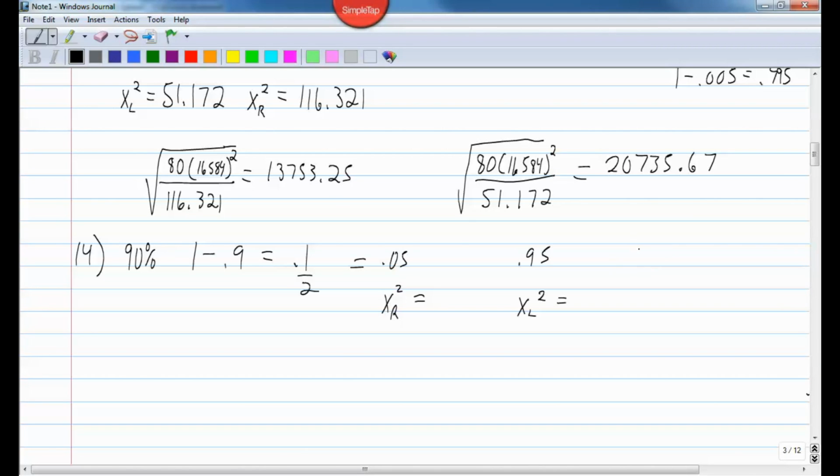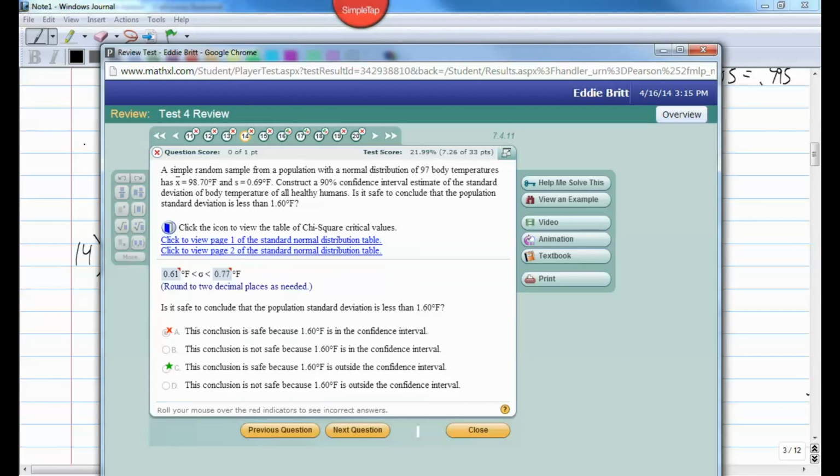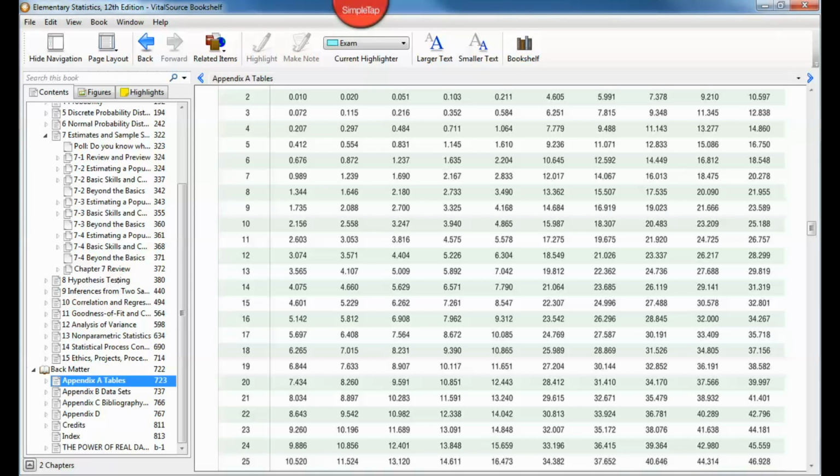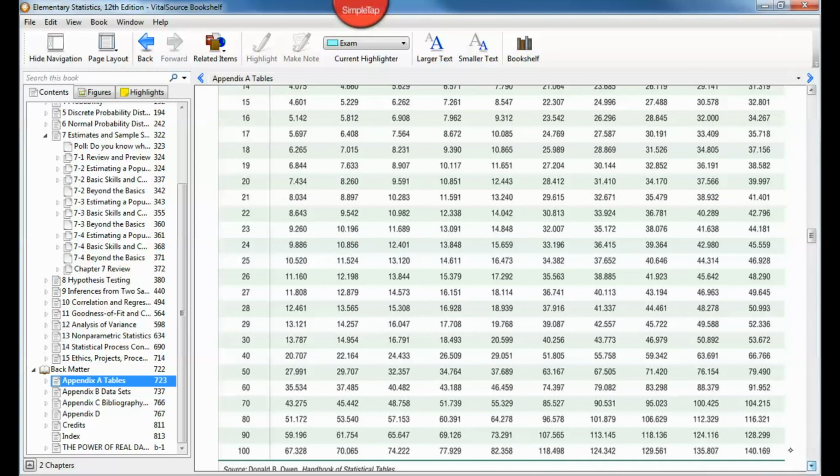All right, so if N equals 97, our degrees of freedom is going to be 97 minus 1, or 96. And let's look at the table. The table goes 80, 90, 100. So 96, the closest thing to 96 we have is 100. Just know that our answer is not going to be just spot on because of that.